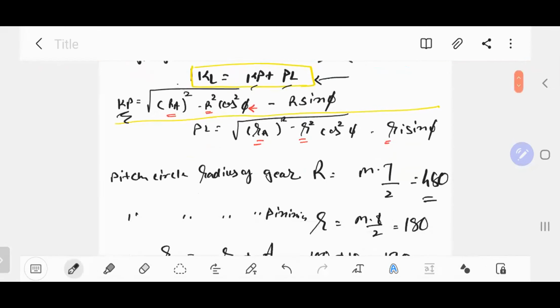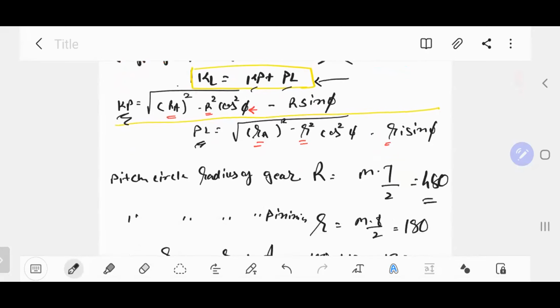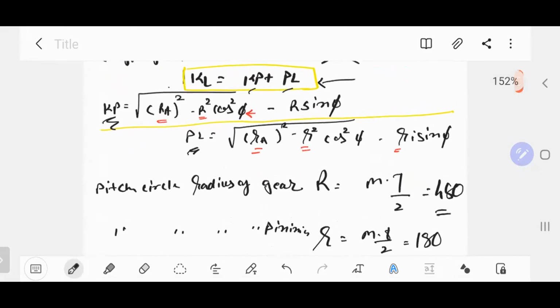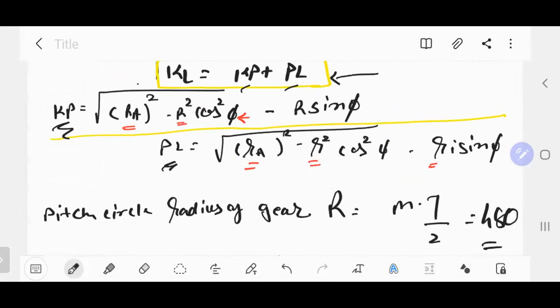And PL is this one. A similar equation is there for PL, but here it is small ra instead of capital: under root of small ra square minus small r square cos square phi, minus small r sin phi. These two equations are everything for the gear.